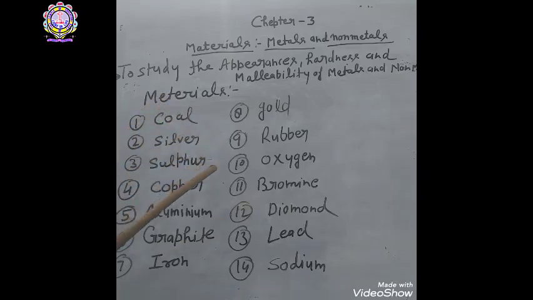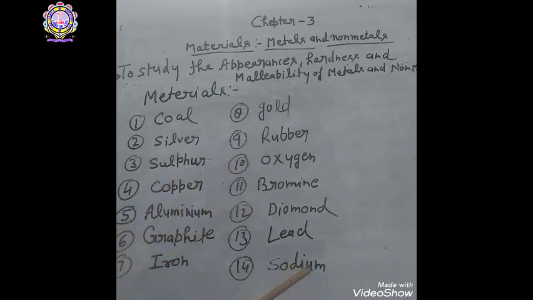Some materials are given below: coal, silver, sulfur, copper, aluminium, graphite, iron, gold, rubber, oxygen, bromine, diamond, lead and sodium.